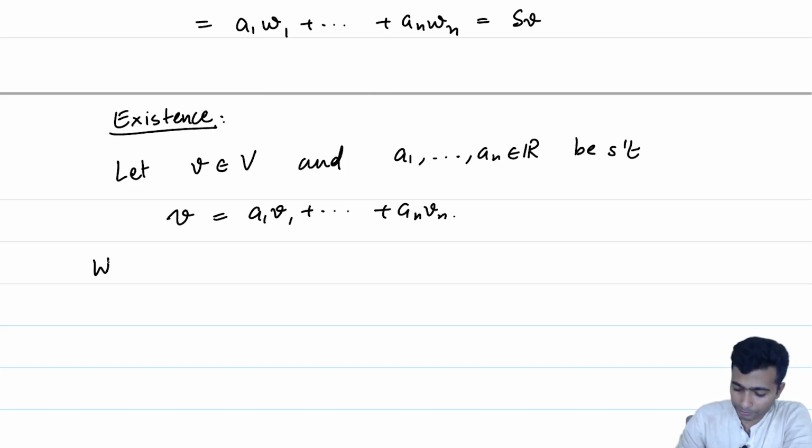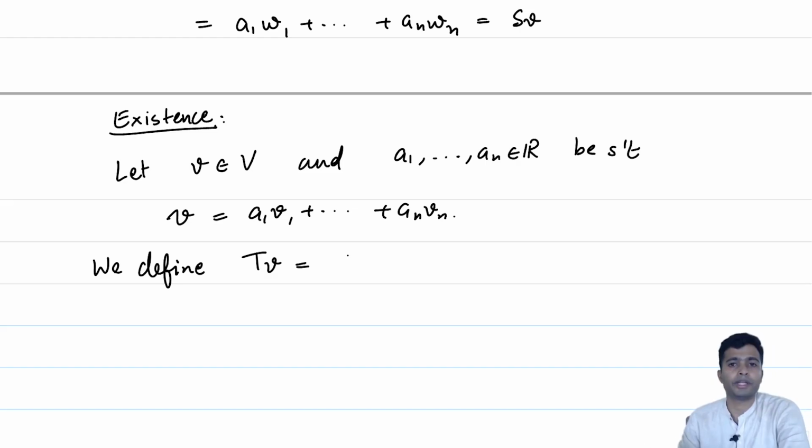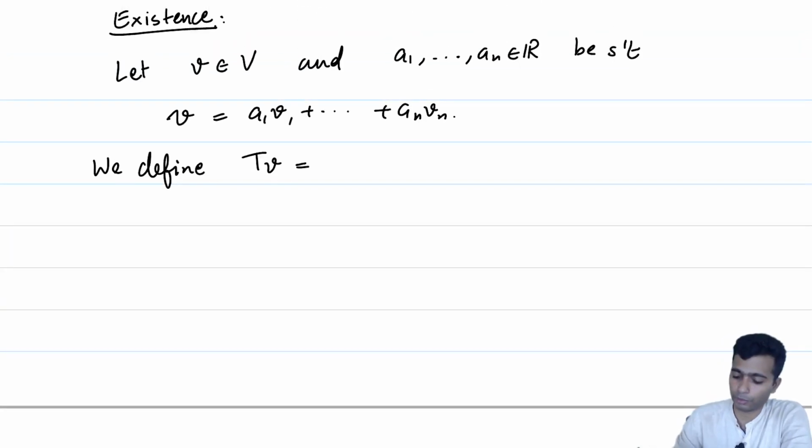Now we define T of V to be equal to what should be T of V. If at all it is a linear map, we know how it's going to behave on the right hand side. T of this will be exactly this.